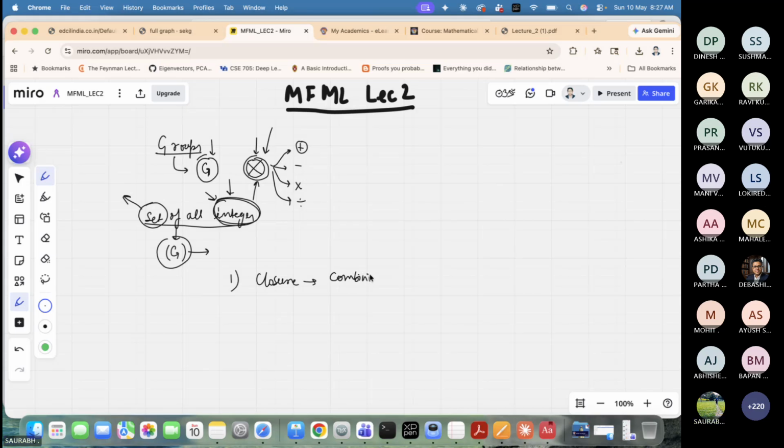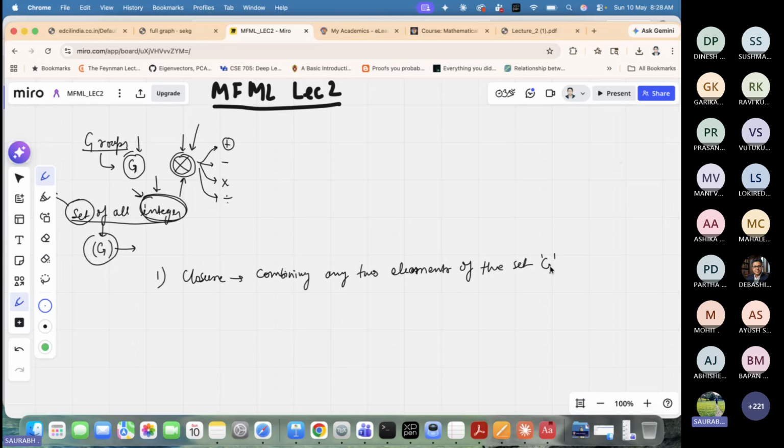Let's call the set G. Combining any two elements of the set G stays in G.